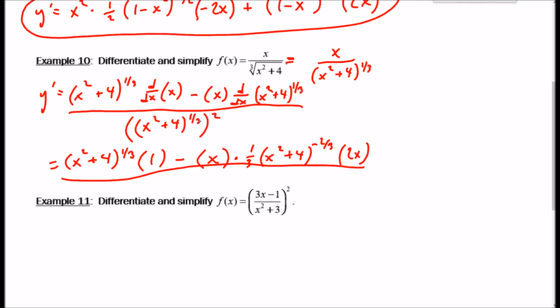With a power to a power you multiply those, so you get (x squared plus 4) to the 2/3 power.